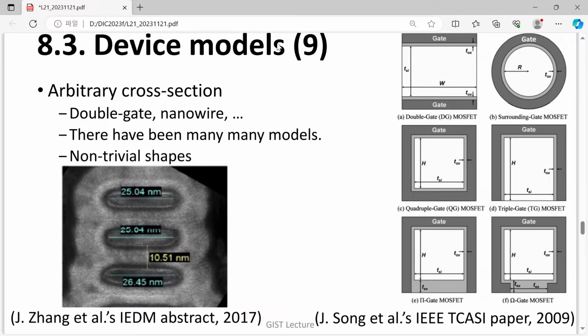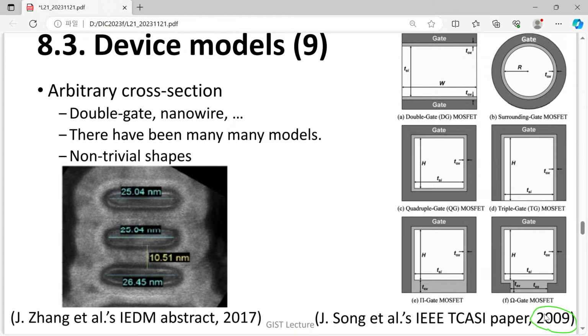So yes, this is a paper by Dr. Song. In 2009, that was the age of so many different transistors. Nowadays, there is only one type of transistor, FinFET, and another one, the new one, is nanosheet.